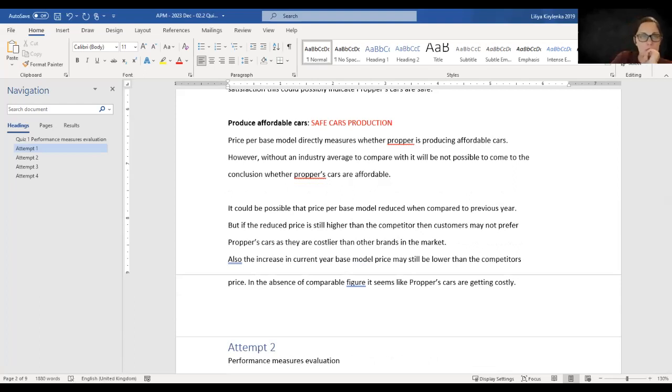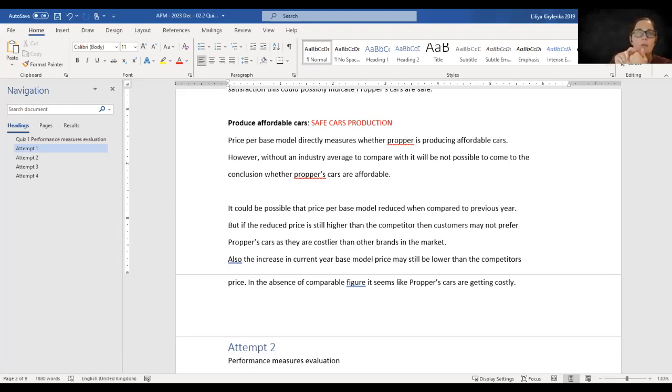So what I would say is that to the users with the general knowledge about the state of the economy, the price per base model can indicate how affordable cars are.